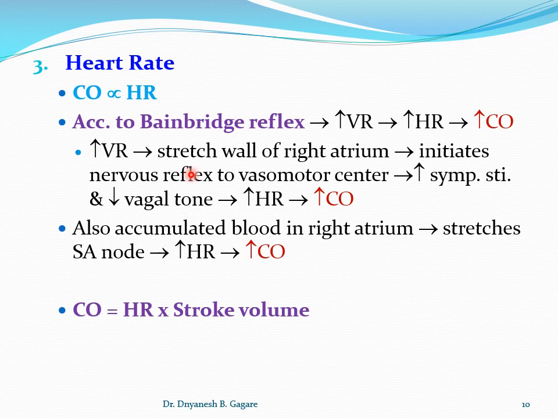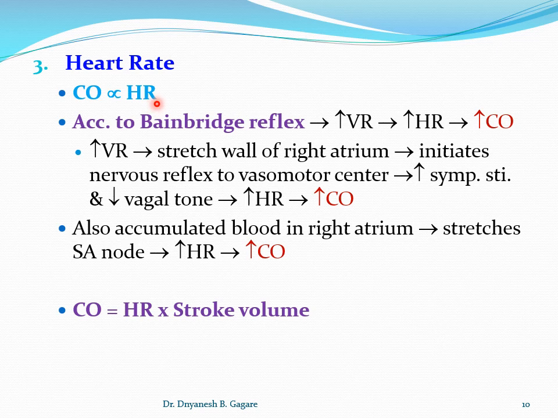It is achieved by increasing heart rate and increasing force of contraction. In our previous slide, we discussed how the force of contraction is increased if there is an increase in venous return. Now in this slide, we'll see how the heart rate increases when there is an increase in venous return, because cardiac output is directly proportional to the heart rate.